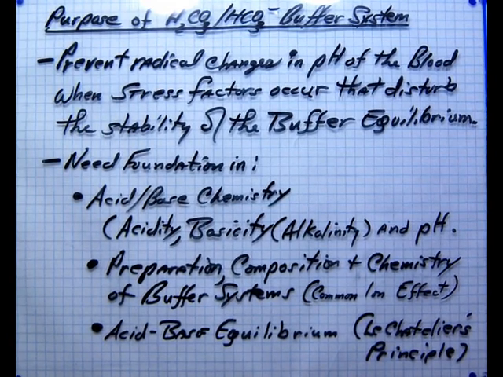When a stress is applied, external, environmental, physiological, biological, however you wish to define the stress, any stress factor that would disturb the stability of the bicarbonate carbonic acid equilibrium, the system inherently takes over and adjusts itself to compensate for the applied stress.